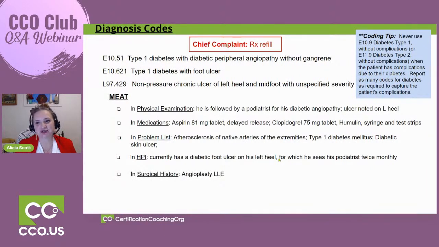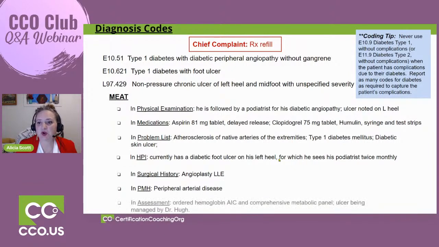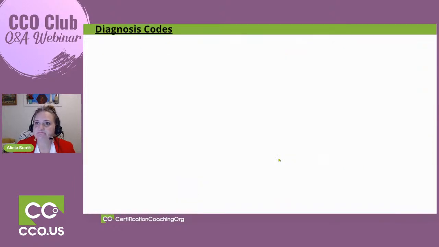All right, and surgical history, we have an angioplasty, left lower extremity in the past. We also have the past medical history, the patient has PAD or had PAD. And in the assessment, we're doing an A1C, we're doing a metabolic panel, and the ulcer is being covered by the podiatrist. All right, we're still going.